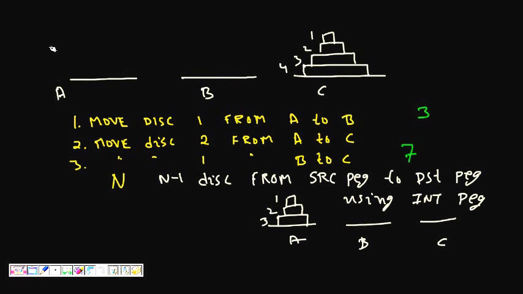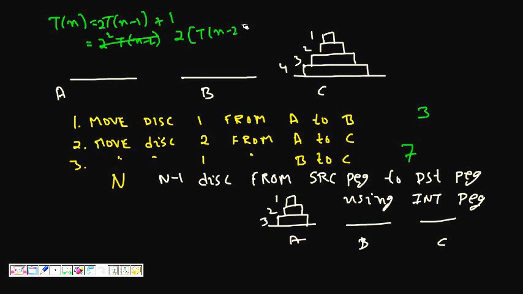So if you solve this, T(n) equals 2T(n-1) plus 1, this is equal to 2 squared T(n-2) plus 2, then we can write it as 2 cubed T(n-3) plus 1.